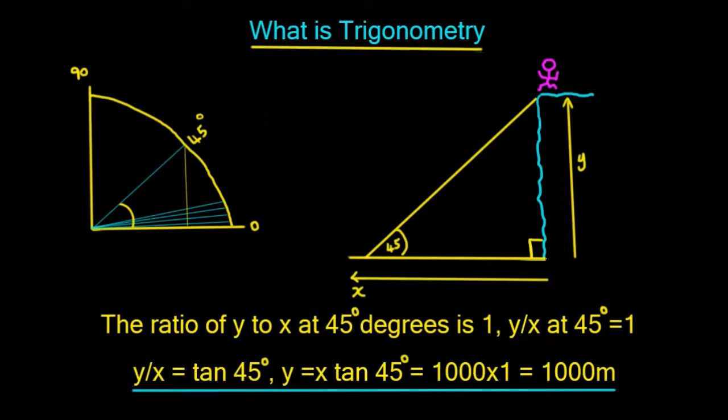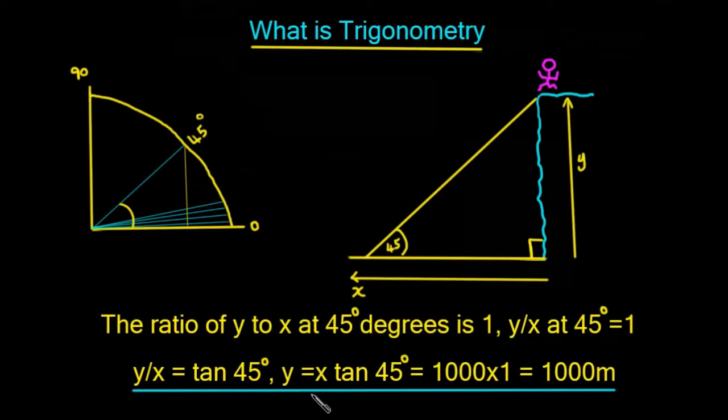So therefore, if we were to try and find out what the value of y is, then we could say y is simply equal to the value of x times tan of 45 degrees. So in the instance here with the mountain, let's say the distance between here and here is 1000 meters.